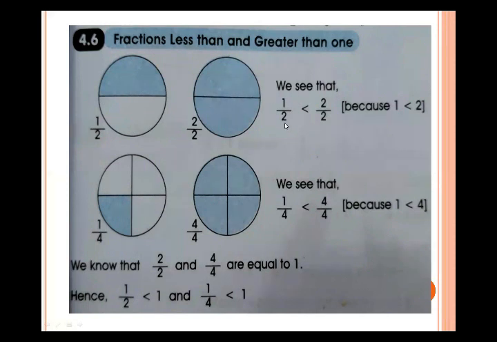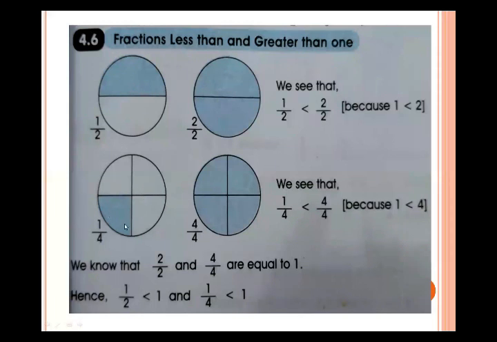It means 1 upon 2 is less than 2 upon 2. And see the numerator only, 1 is less than 2. That's why the whole fraction 1 upon 2 is less than 2 upon 2. Now move to the next.